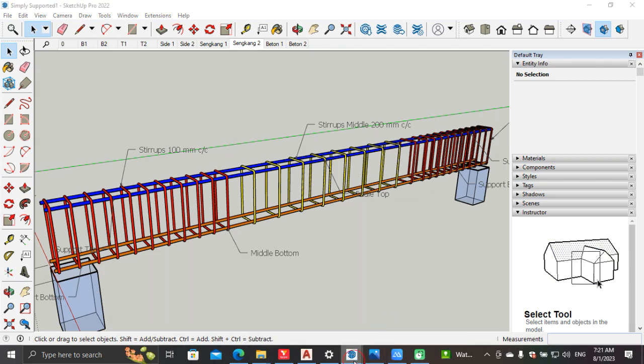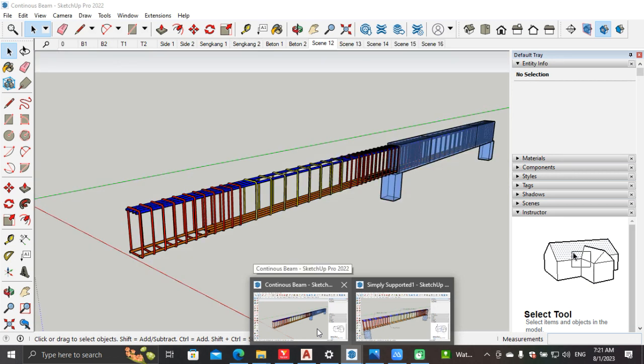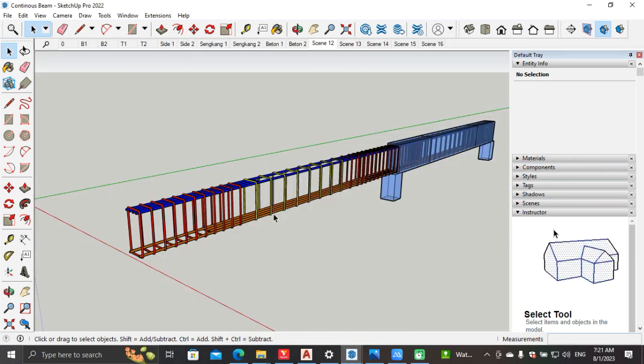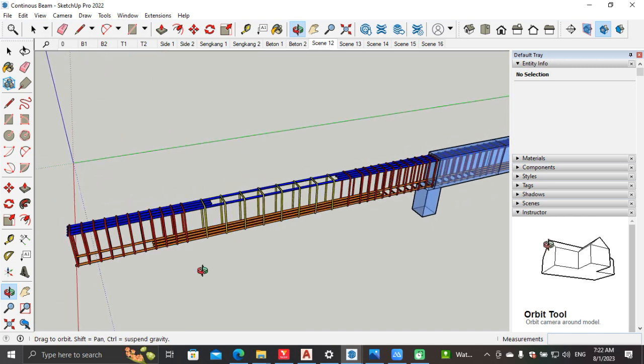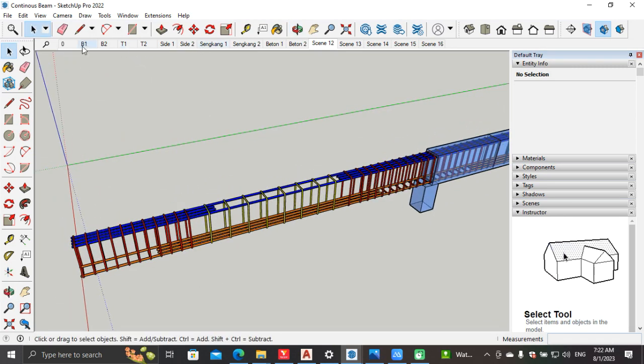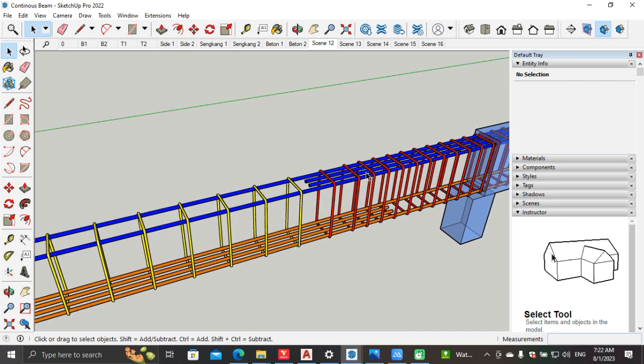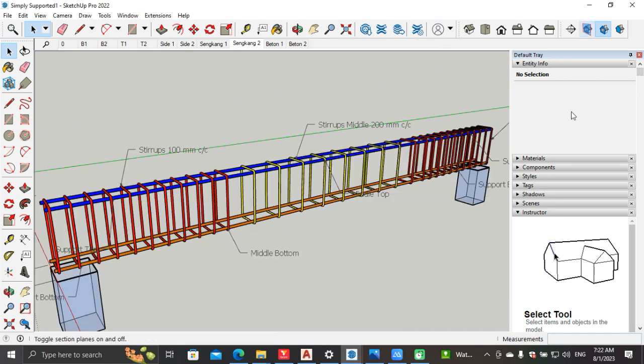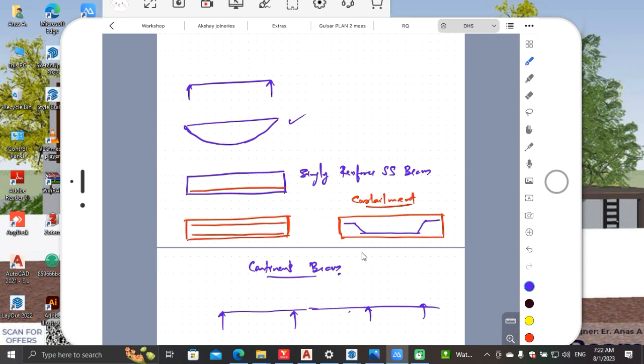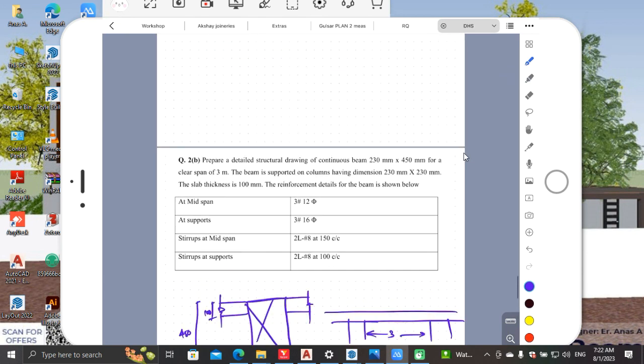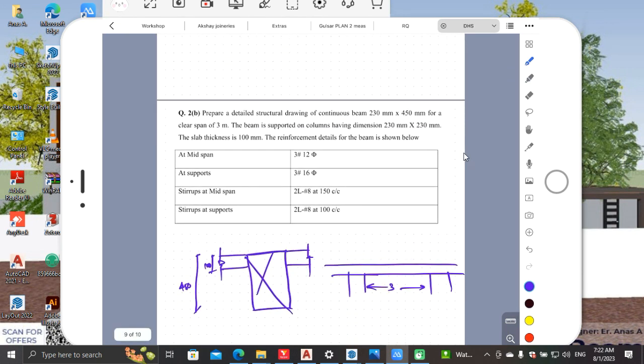And when it comes to a continuous beam, this is a continuous beam. Let's see, here in the question it was 3 numbers of 12 mm diameter bars at the support.